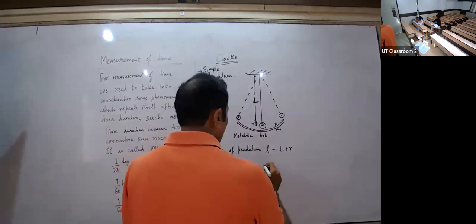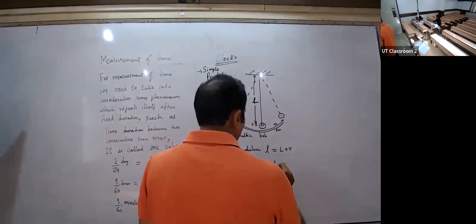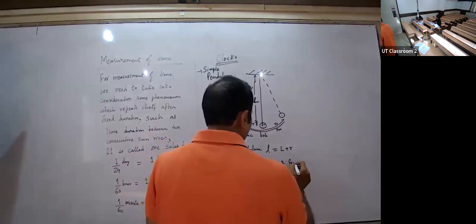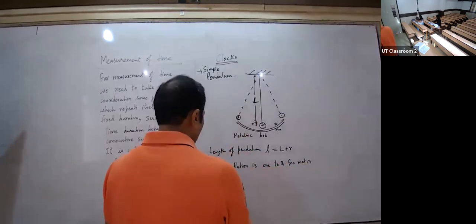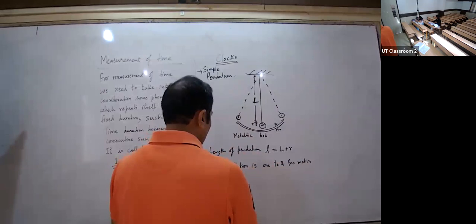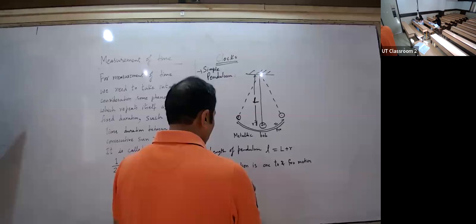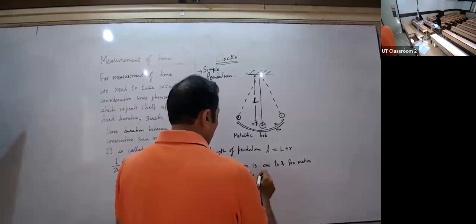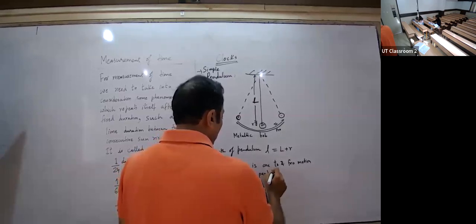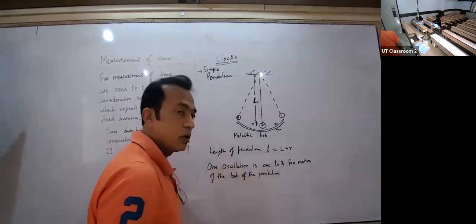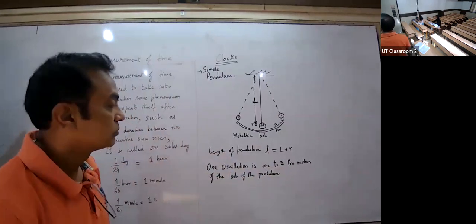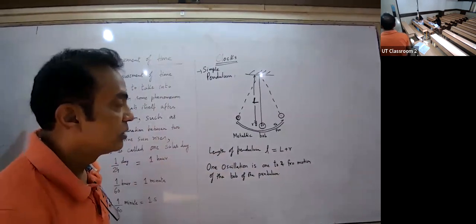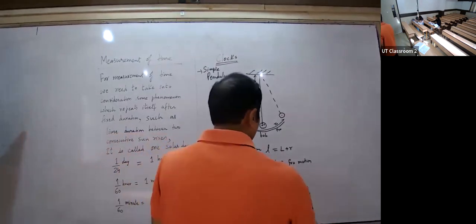This is called one oscillation, or it is also called one cycle.